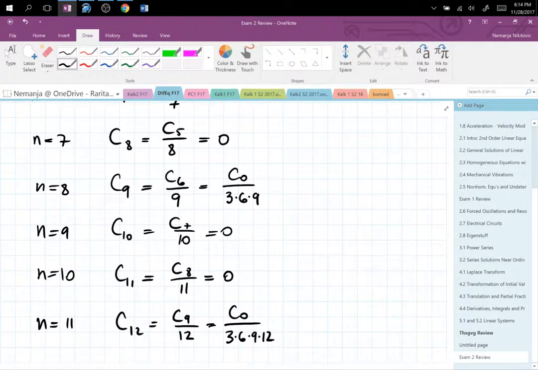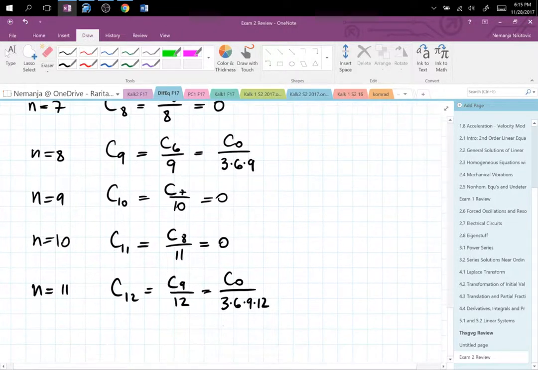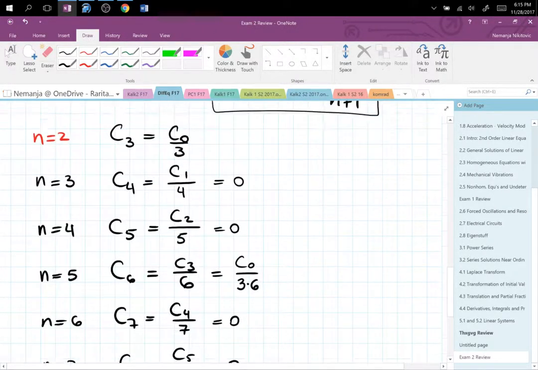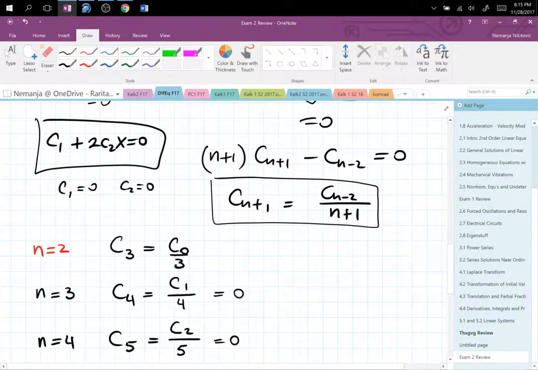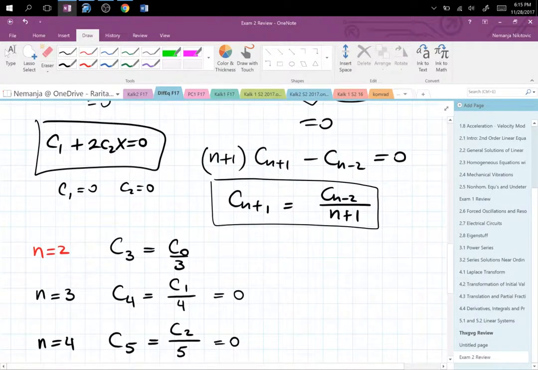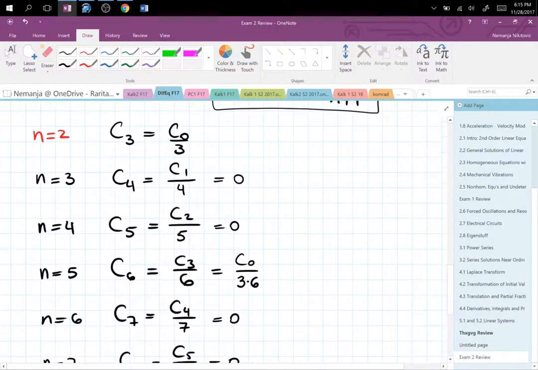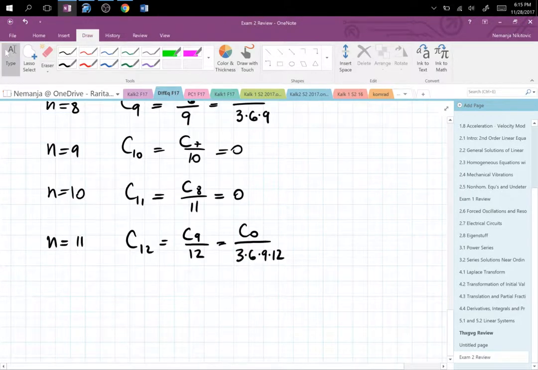So what is the solution that I should write? So what survived? C0 survived, right? So we have y of x is equal to, and we have C0 which survived, which is 1.